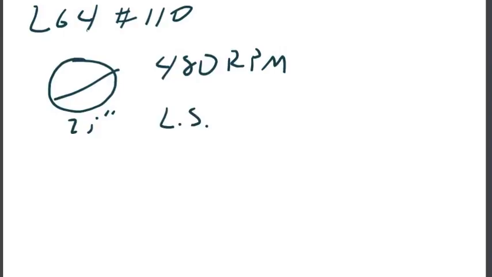So again, linear speed is our radius times our angular speed. But we need to convert RPM into radians. Okay, so we multiply this by 2 pi. And we get, what, 960 pi radians per minute.